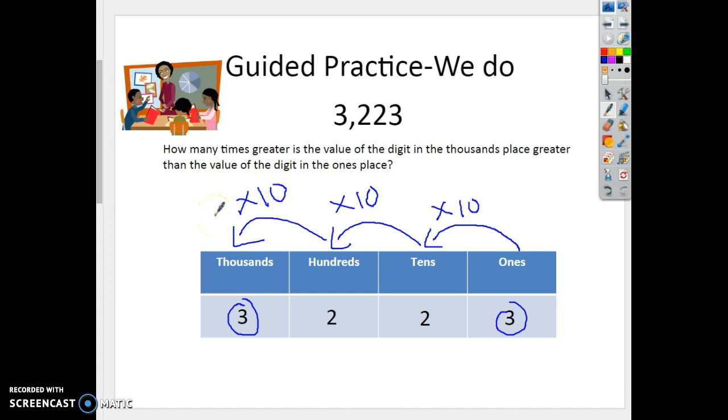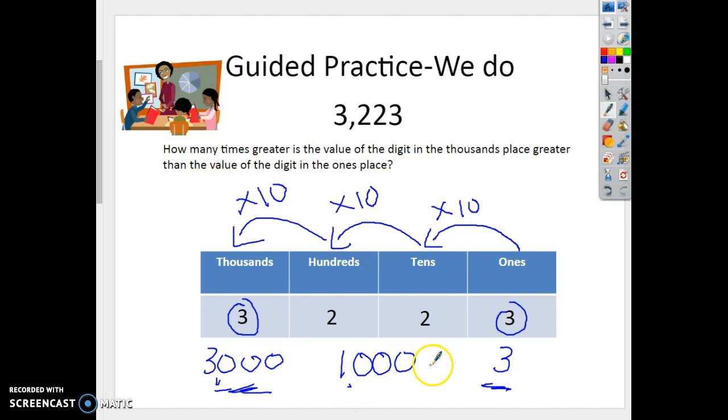So we also want to write down the numbers so we know that this would be worth 3,000 and this is only worth 3. So we're looking at how much bigger 3,000 is than 3. We went over 10, 10, and 10, and 3,000 has 3 more zeros. So that would mean that it is 1,000 times bigger.